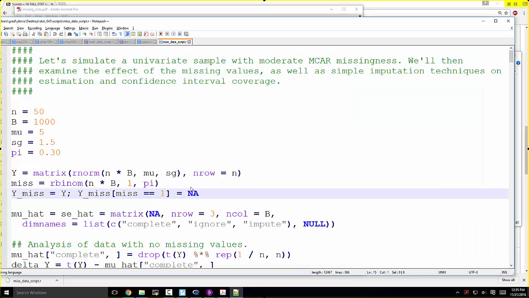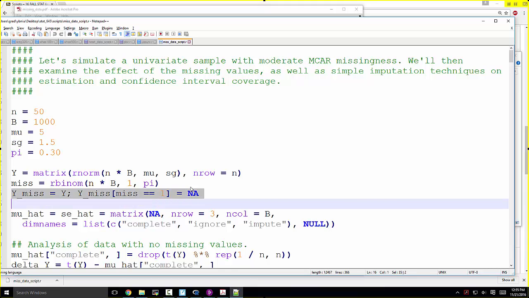Now I'm going to create the version of our data that has the missing values in it. Y miss, set it equal to Y initially, and then wherever miss equals 1, put NA.